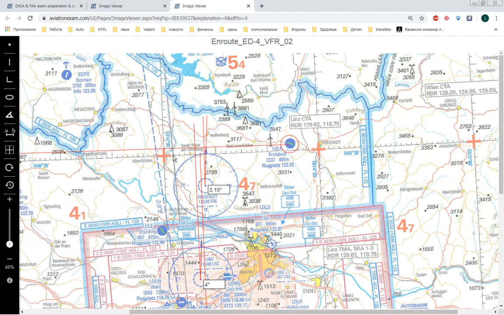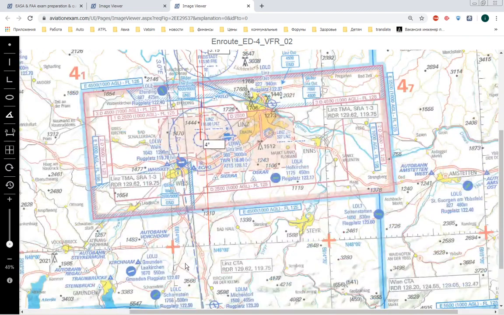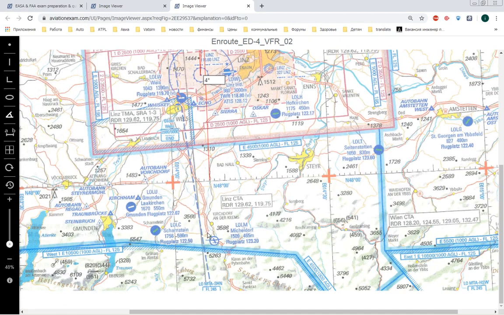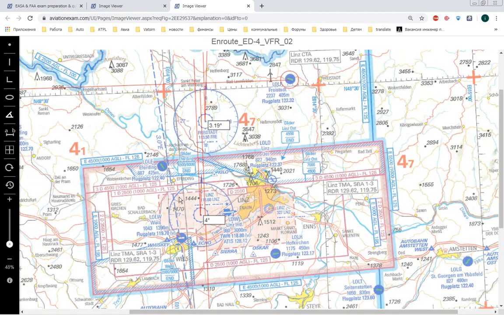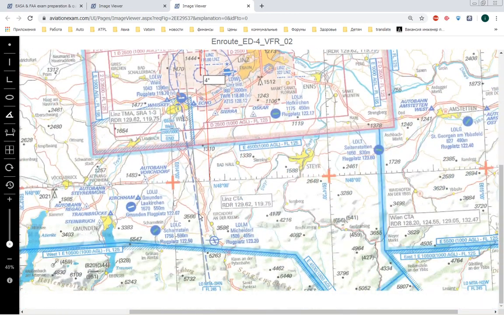So okay, let's try to put here. And another way, another mistake, if you are trying to measure variation with the dashed line. Okay, let's do it.